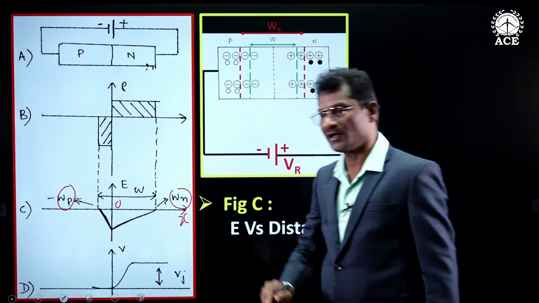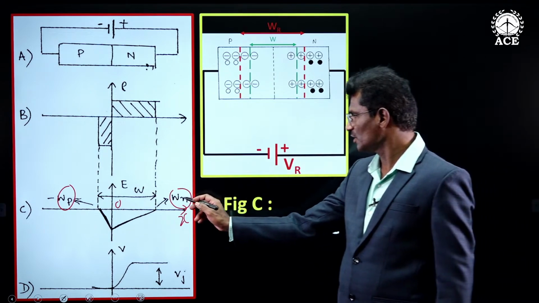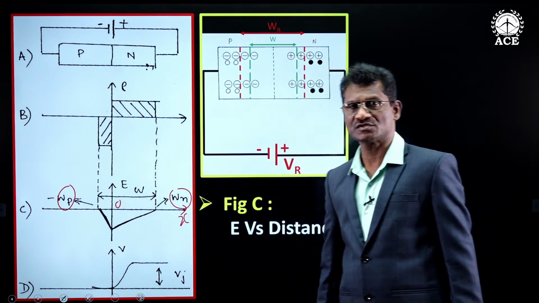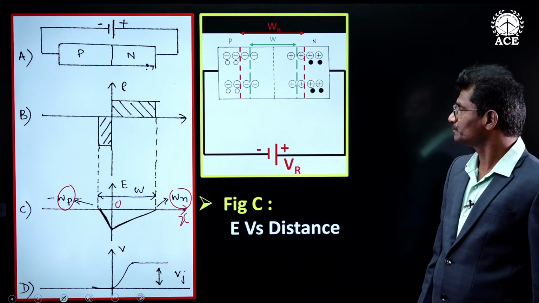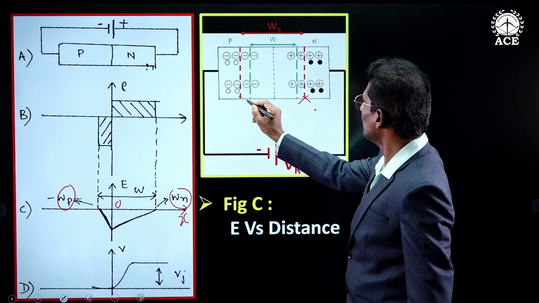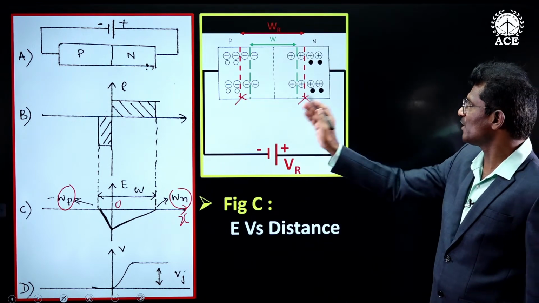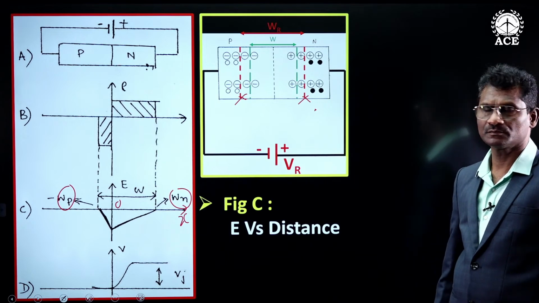Wp, penetration of depletion region into P side. This is in N side, that is in P side. Now, at this point and at this point, it can be observed that depletion region comes to an end.